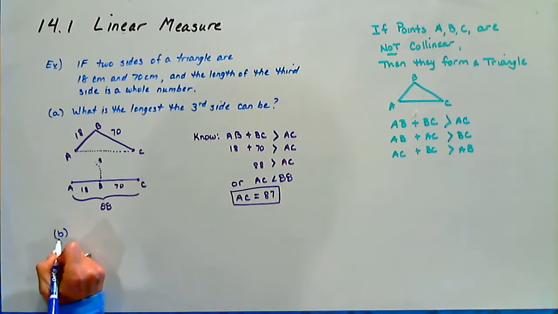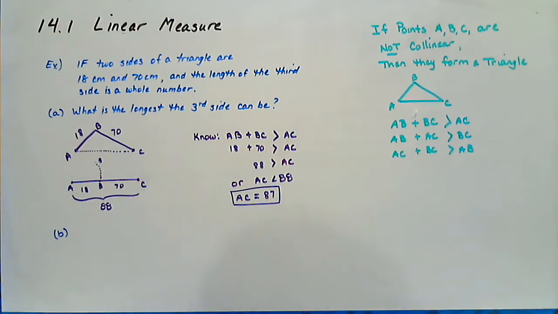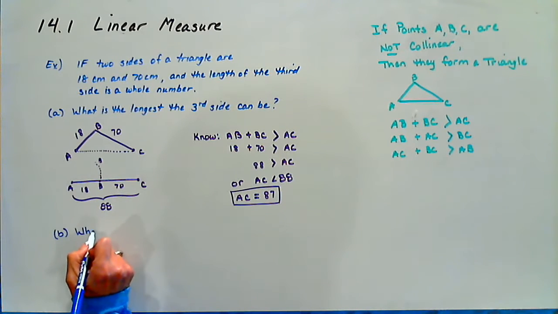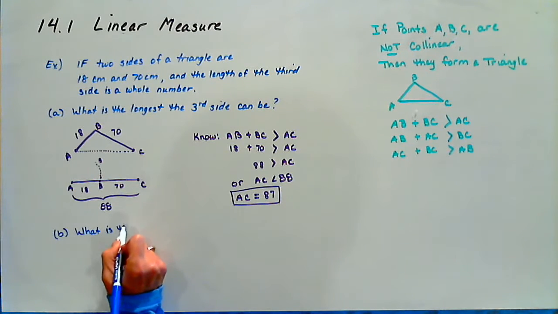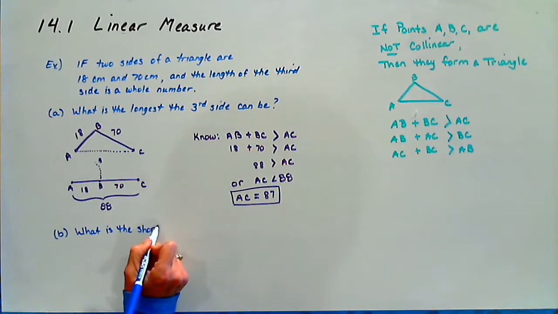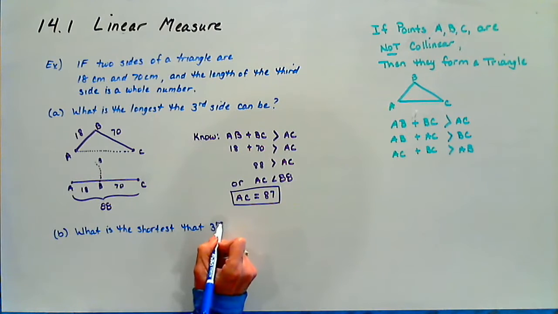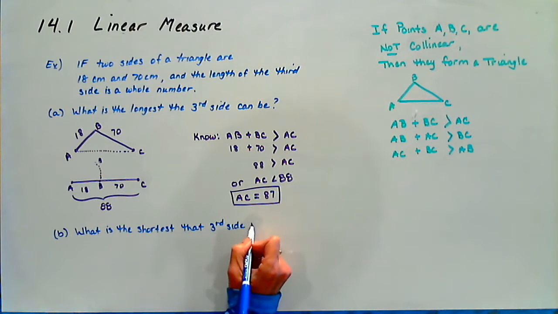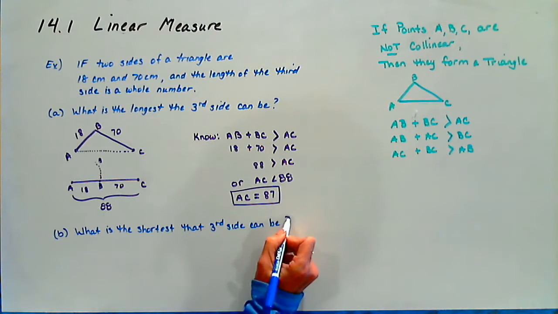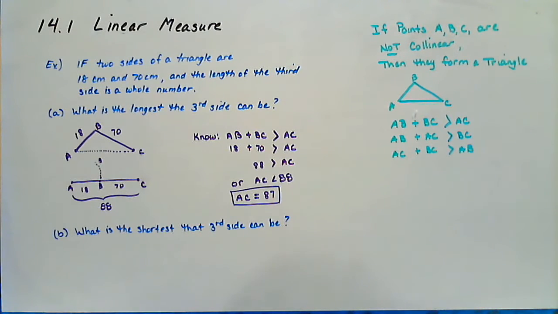Instead of asking for the longest side, is there a shortest side? What is the shortest value that the third side can be? Well, again, with the same idea, if I add up any two sides, it has to be greater than the third side.